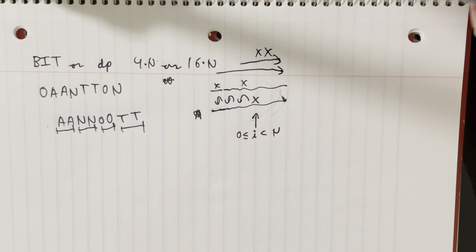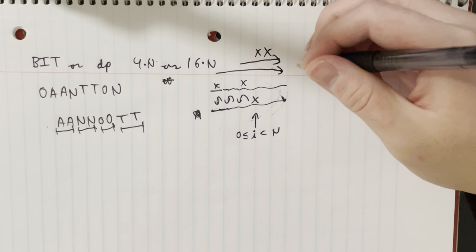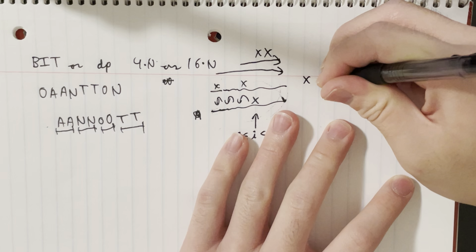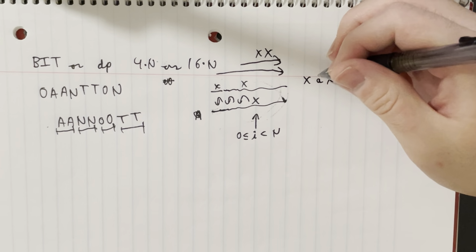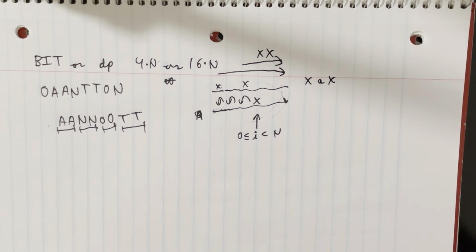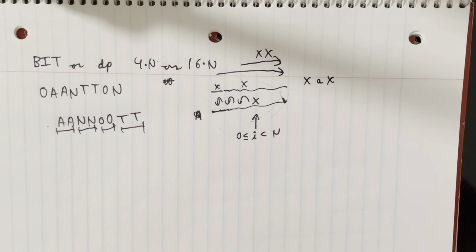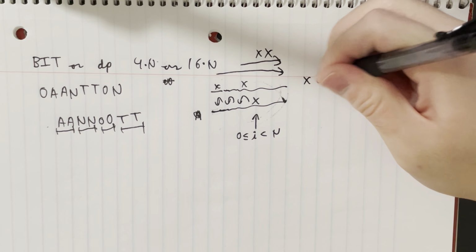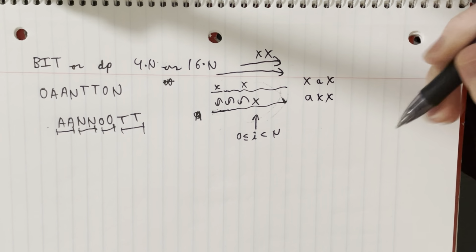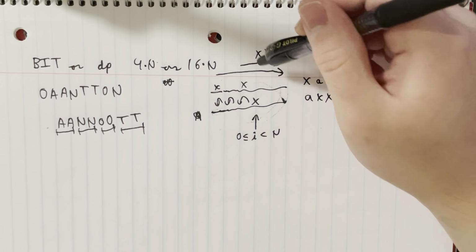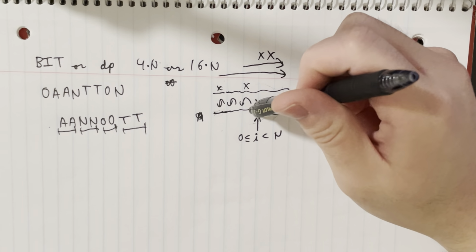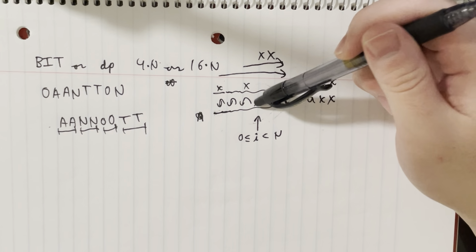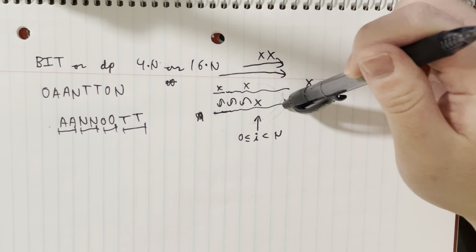Because if there was a gap, like X and then a random letter A and then X, it wouldn't be strictly better, but it would always be at least as good to swap this A and the X. The reason is that putting this X over here would mean we have one extra inversion we would need to fix in this initial string.